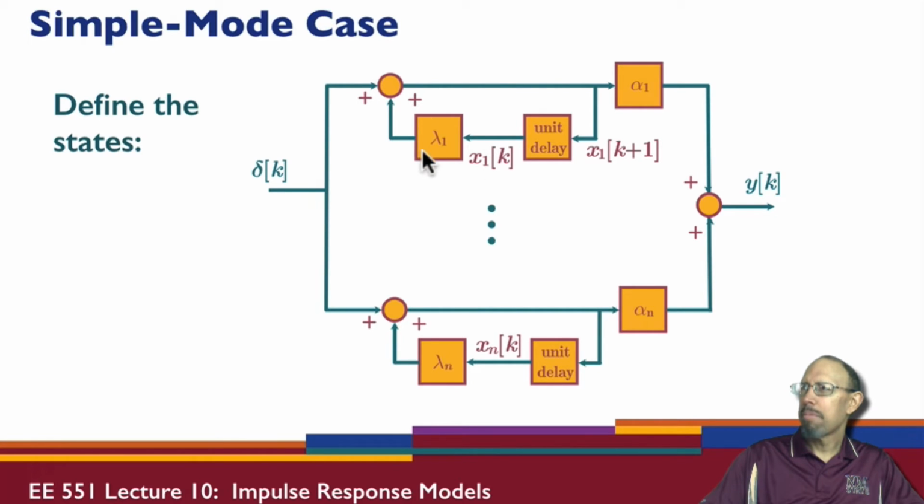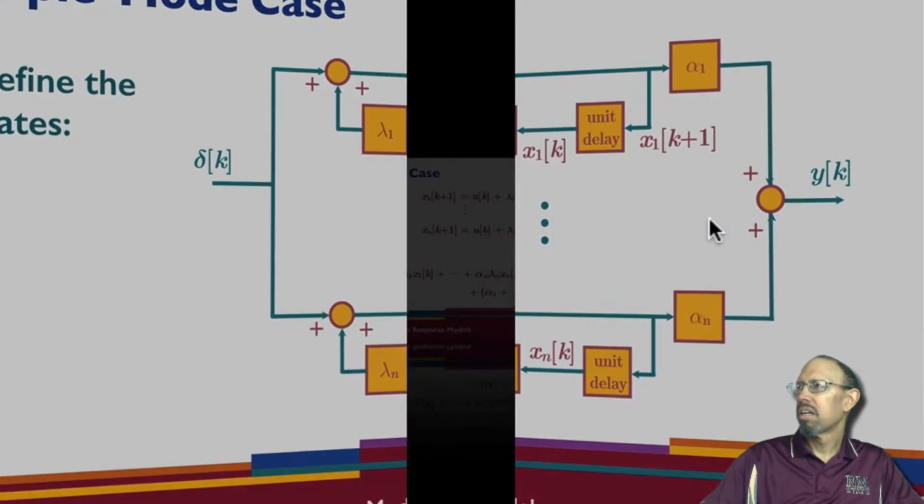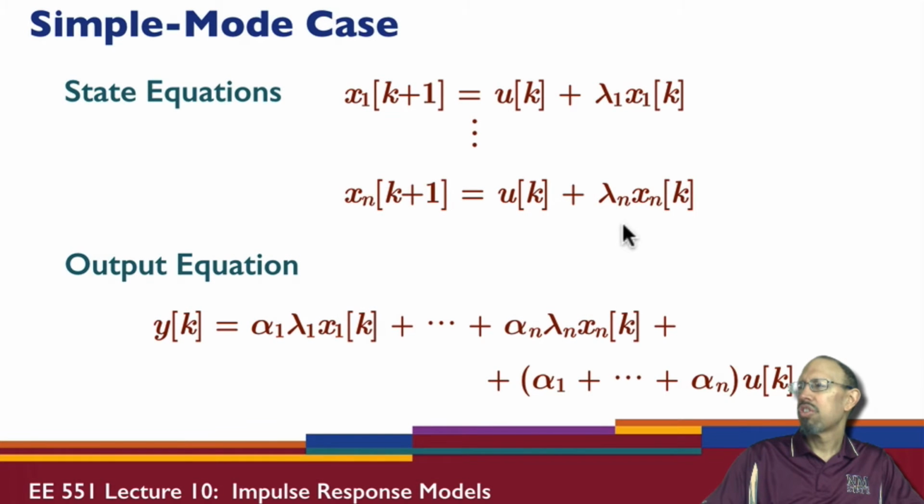So there, a lambda comes out in the middle of this. Notice, however, that the input u goes straight through. Okay, it goes straight through. And so this is our output equation, alpha 1 lambda 1 x1 all the way down to alpha n lambda n xn, and then we have the sum of the alphas times u.